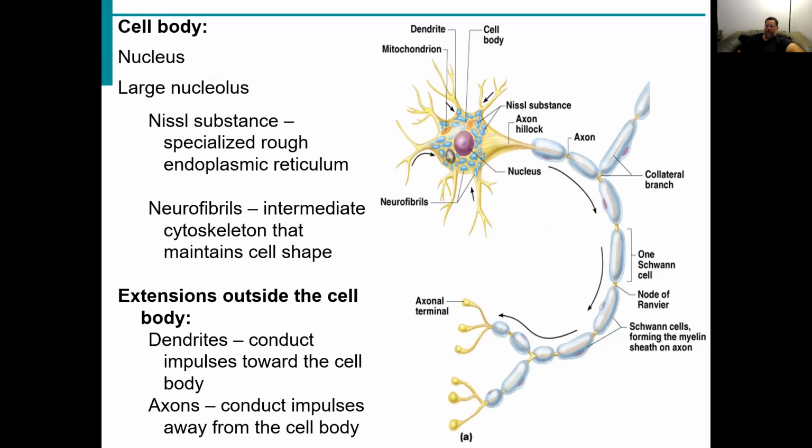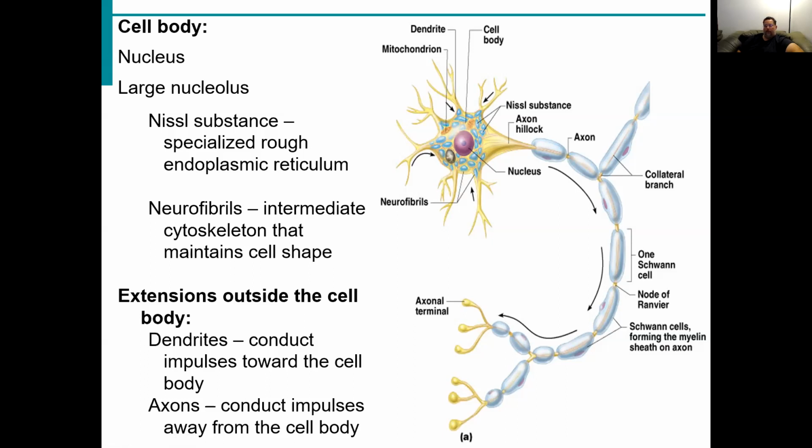And so that means that the rough endoplasmic reticulum is important for making proteins because of all those ribosomes. When a messenger RNA comes up and hooks up to a ribosome, it's going to be translating proteins. Well, we call this Nissl substances, and that is a specialized rough endoplasmic reticulum important for making proteins.